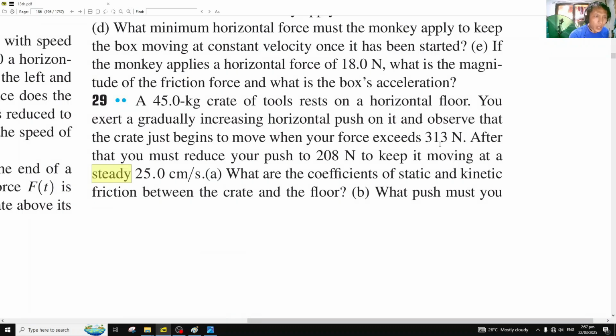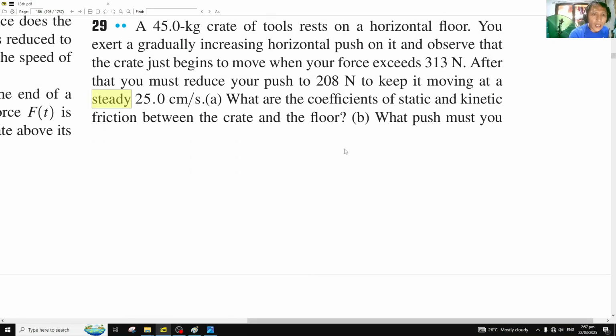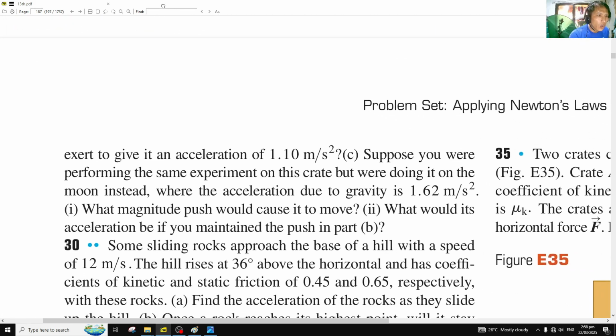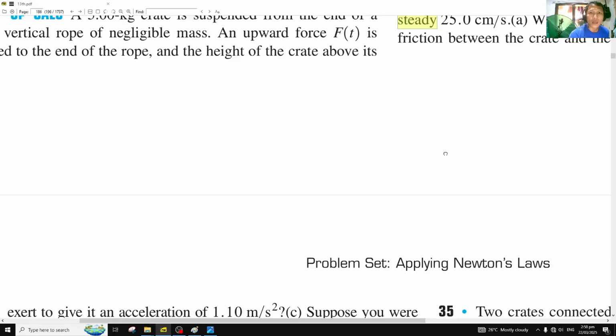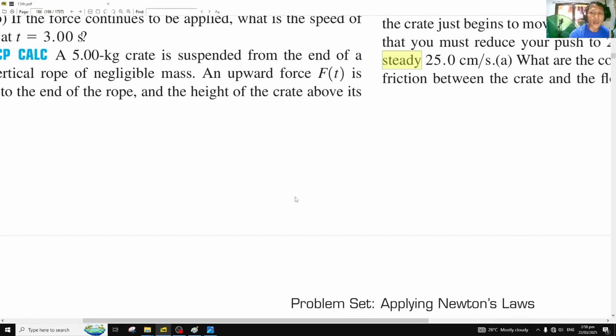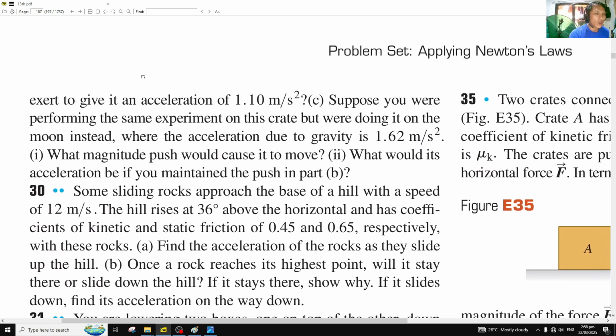Okay, we'll continue with problem 29. Letter B states: what push must you exert to give it an acceleration of 1.10 meters per second squared? So there is letter B. What push to give it an acceleration of 1.10?